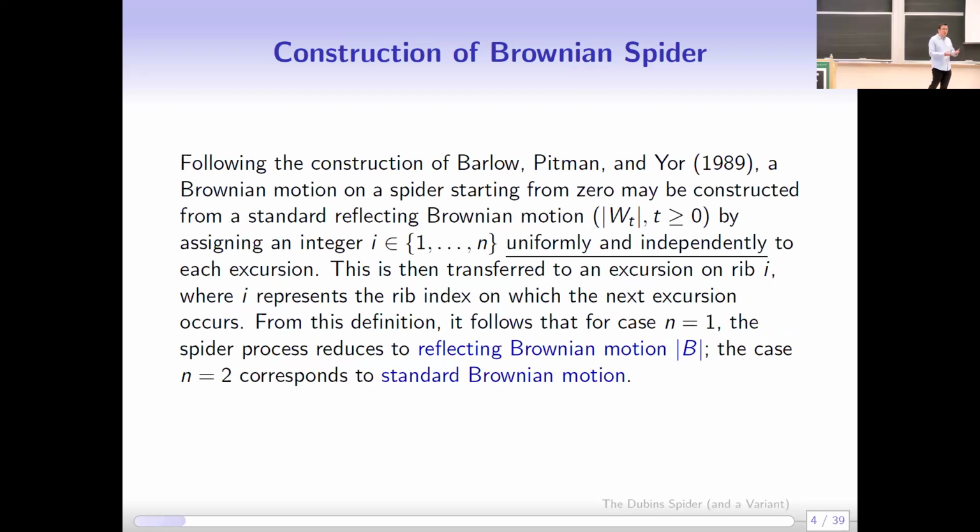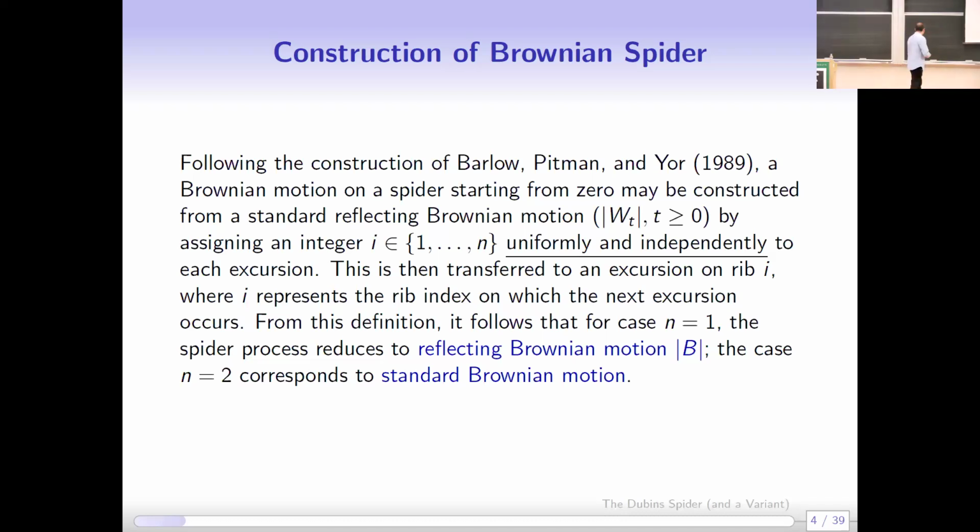Following Barlow, Pitman, and Yor, a Brownian motion on a spider, how do you construct it? You construct it from a standard reflecting Brownian motion. You take the absolute value of W_t, where W_t is a standard Wiener process, by assigning an integer i from 1 to n, among the n ribs, uniformly and independently to each excursion. It need not be that in general, but in the classical case, it is independent and uniform.